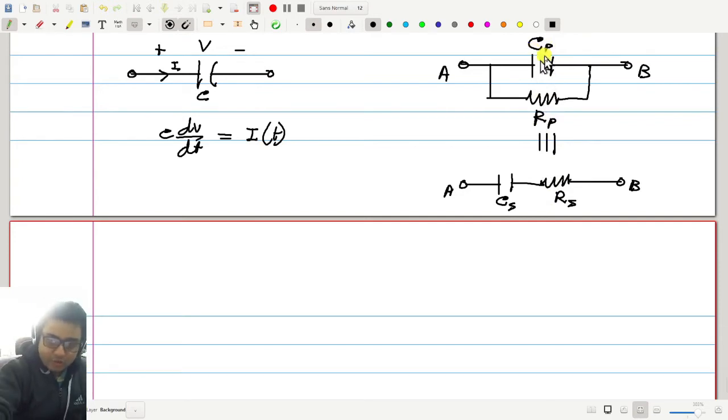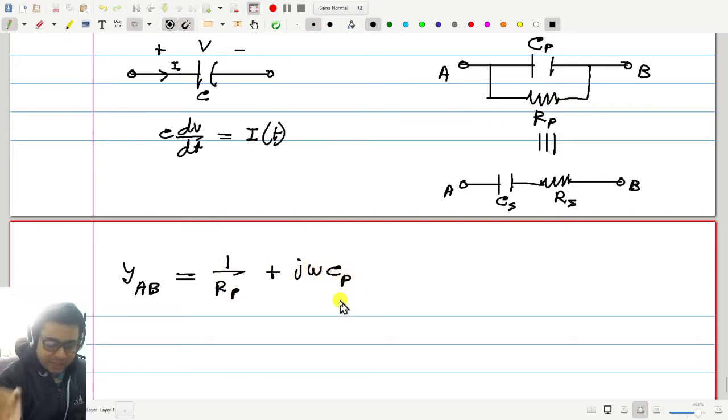To find CP, RP in terms of CS, RS or vice versa, let us write the admittance between A and B, YAB, the inverse of impedance. So how much will that be? That will be the admittance of RP, 1 over RP, plus j omega CP, correct?